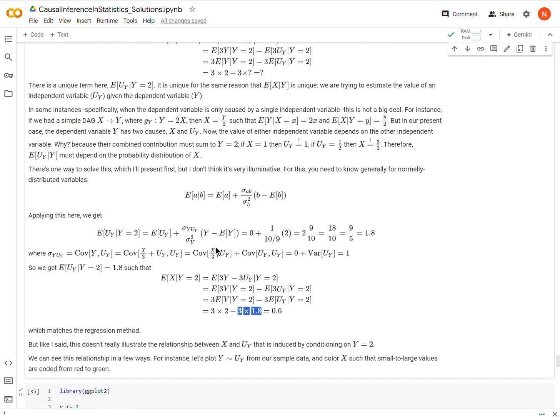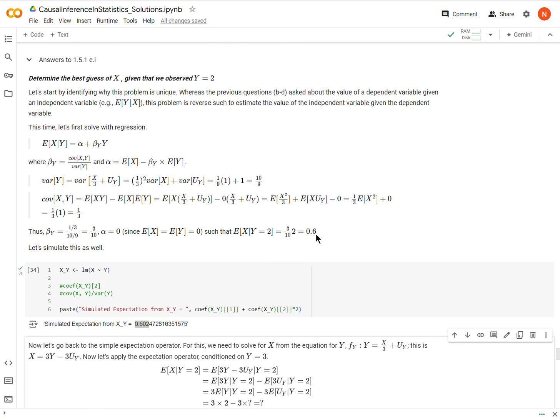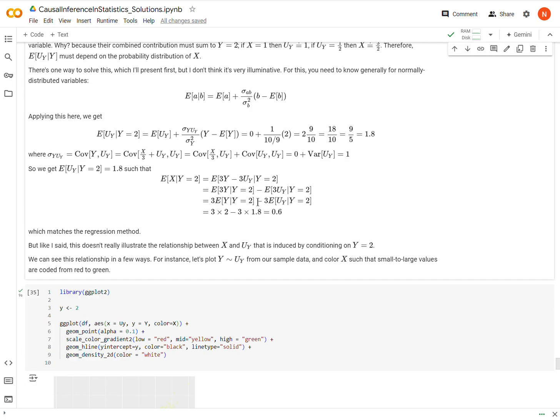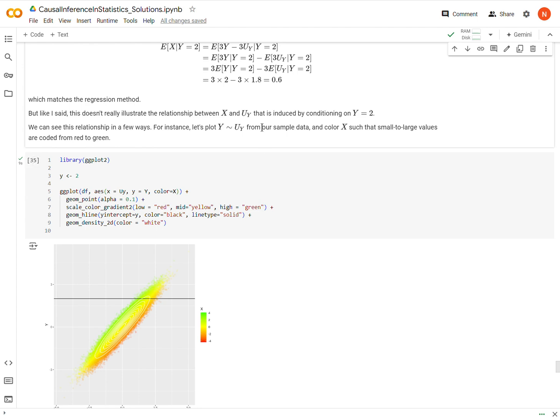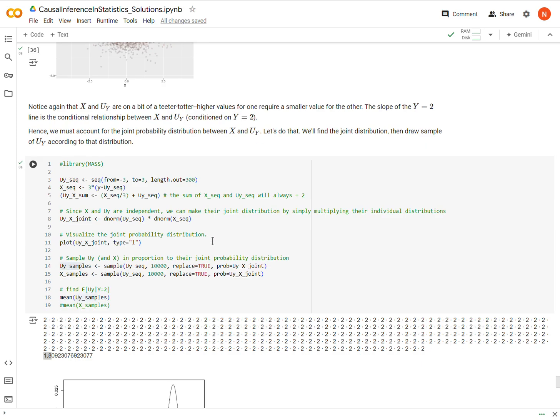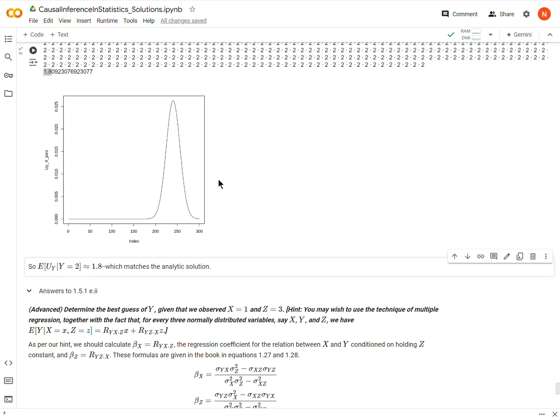And when I plug that back into my formula for the expected value of x given y equals 2, I again get 0.6, which is what we found for the regression. So this is just different ways that we could have approached that problem.